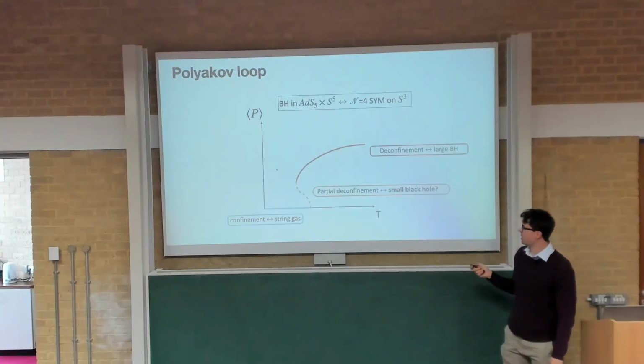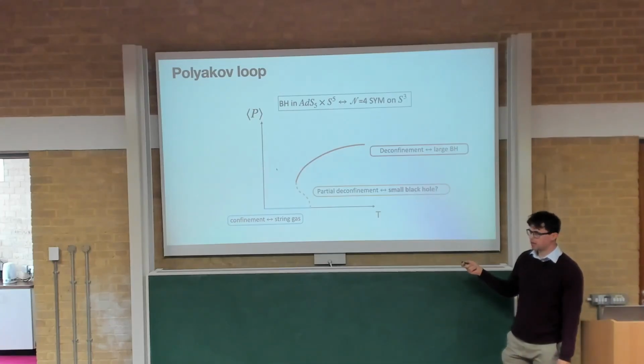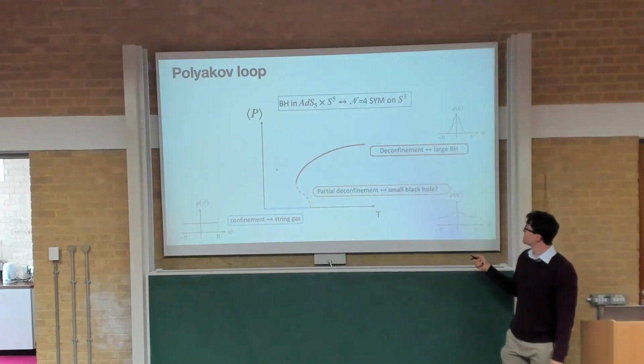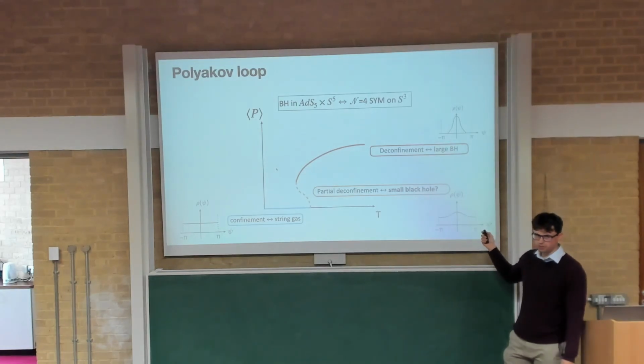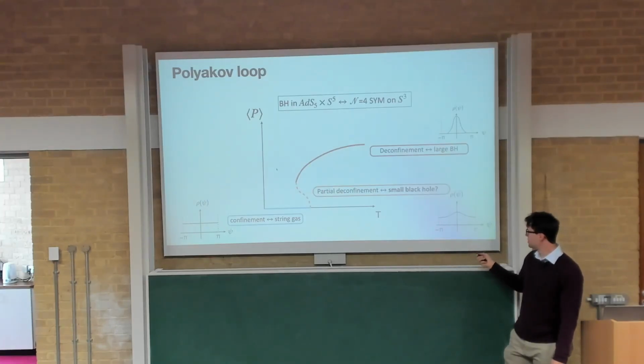Going back to the picture we had of the phase diagram for black holes and for field theory, this would suggest that the deconfined phase corresponds to a Polyakov loop distribution which is gapped. The confined phase will be uniform, and then we would expect this partially deconfined saddle to correspond to the ungapped but non-uniform distribution.